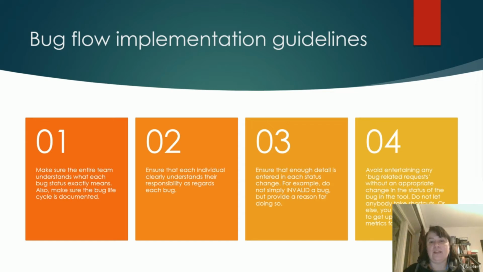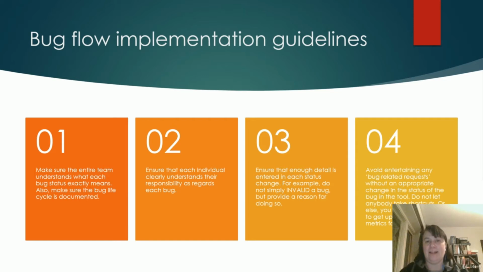Ensure that enough detail is entered in each status change. This is especially important if we are rejecting bugs, making them invalid, or putting them in any other status than in progress or fix, like following the optimal pipeline. Why do we want to do that? Because if the QA doesn't understand why this bug is invalid, they will just reopen it and send it back.